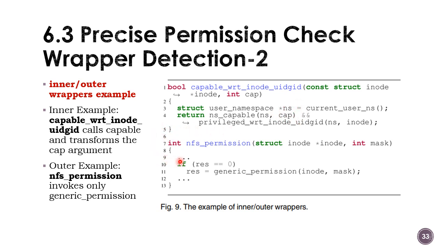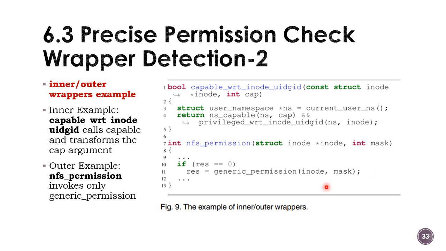While in another permission function, nfs_permission, inside this function, we only have a permission check called generic_permission, and it's using inode and mask. Although these two are also macros, these are high level. For these two, if you remember, they are basically used for DAC permission checks.